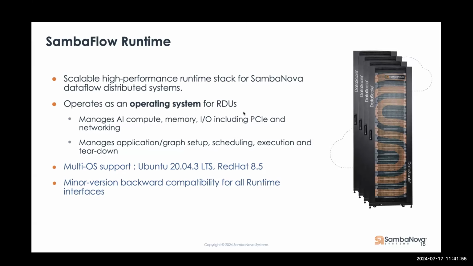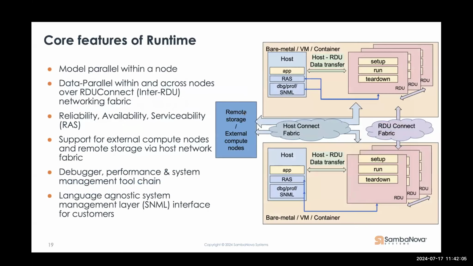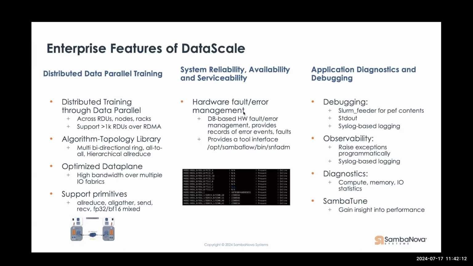It's supported on various Linuxes, and it manages the compute, the memory, and the IO during model execution itself. Again, I don't think I should get into all the features here. I might run out of time, since I want to get onto another section where we talk about the latest from SambaNova.